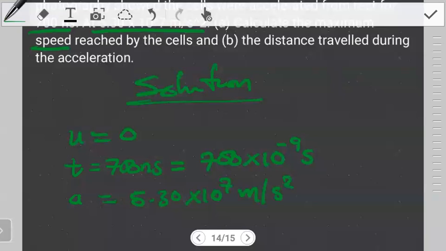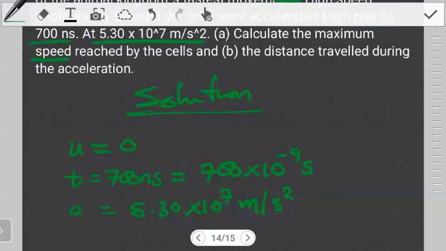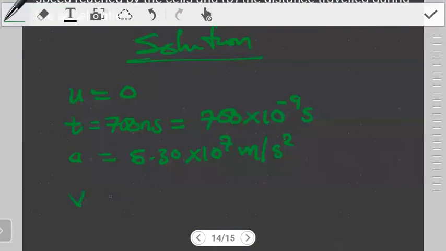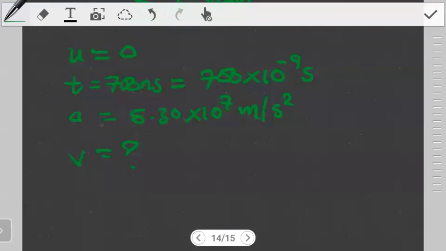In the first part, they are asking us to calculate the maximum speed reached by the cells, so they're asking for the final velocity. How do we do that? Well, this is quite basic. We're going to use the first equation, v equals u plus at. Since we're given the time, this equation works well. We're not given the distance, so we've skipped equation 2, which has distance, and equation 3.